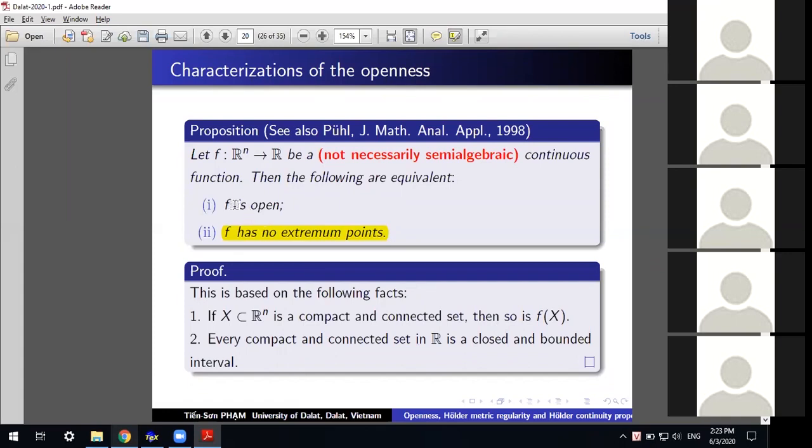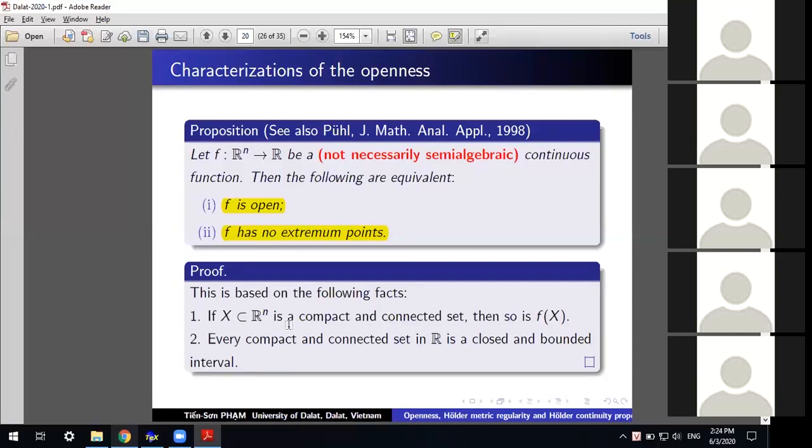At this point, I would like to mention that in Pühn's proof in this paper, this proposition is under the assumption that F is a convex function. But here we don't need this assumption. And moreover, the proof is very easy. The proof is based on the following facts.